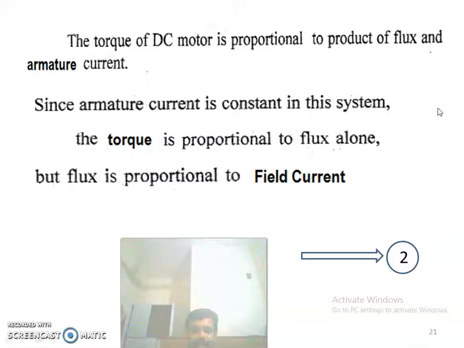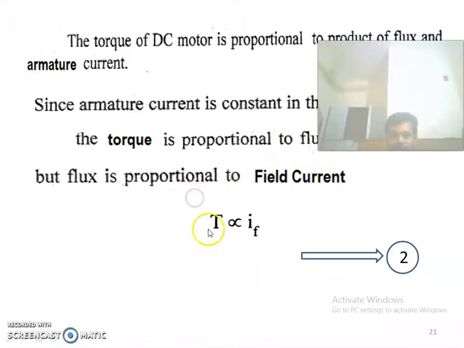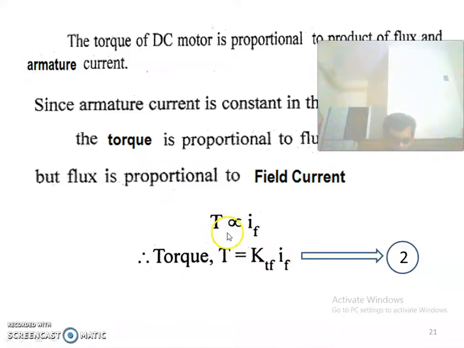Since armature current is constant in the system, the torque is proportional to flux alone, but flux is proportional to field current. So, torque is proportional to field current IF. So, torque T is equal to KTF into IF. While changing this proportionality symbol, you will be getting a constant. That constant is nothing but KTF.